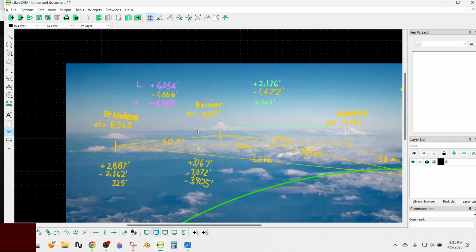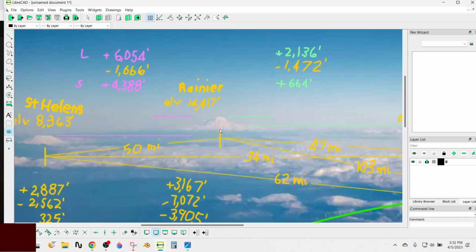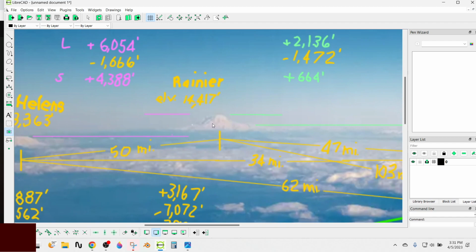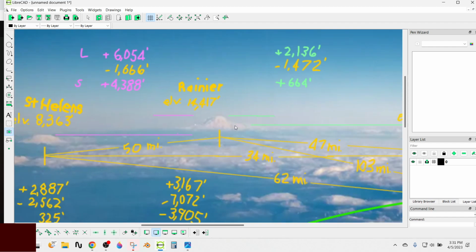Now on the sphere, this distance right here again is 4,388 feet. And this distance here on that same sphere, according to the mathematics, is 664 feet. And we know that scale is way off, no matter how much compression you have in the photograph.